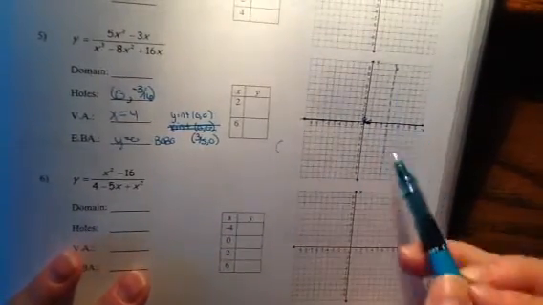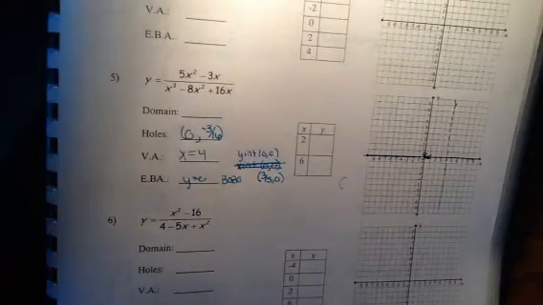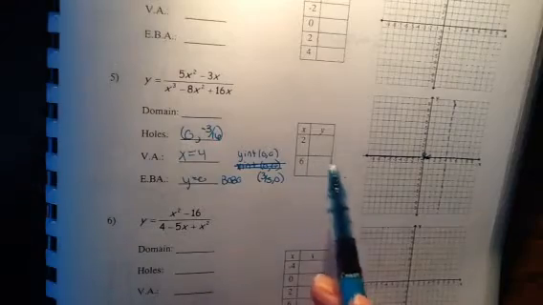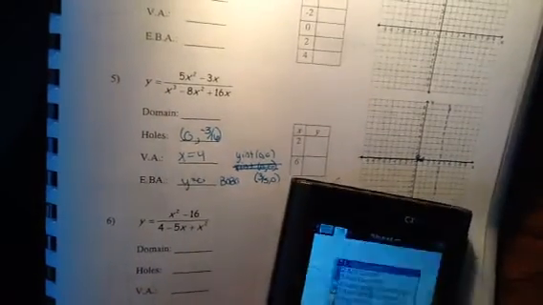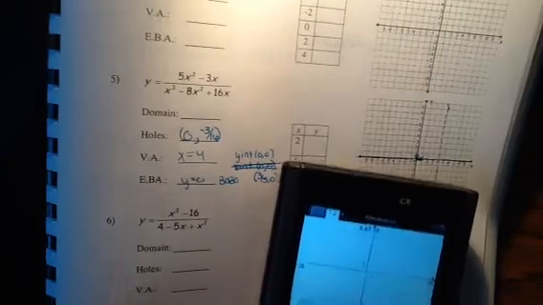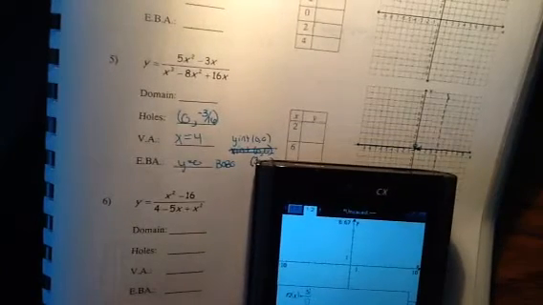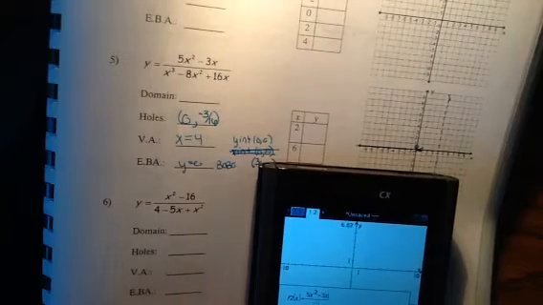So I have this asymptote, and now I can either plug these values in, or I can use my table again. And I'm going to opt to use my table and just throw it in the calculator. So on top you have 5x squared minus 3x.